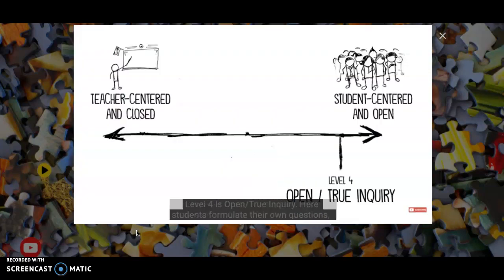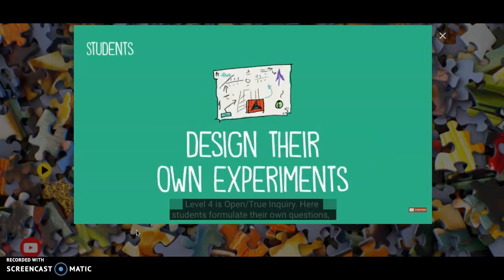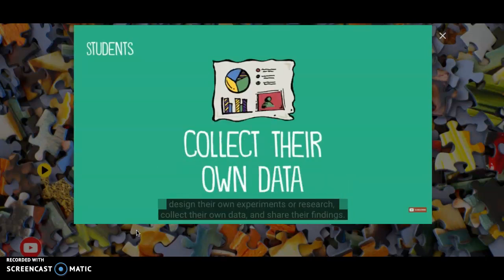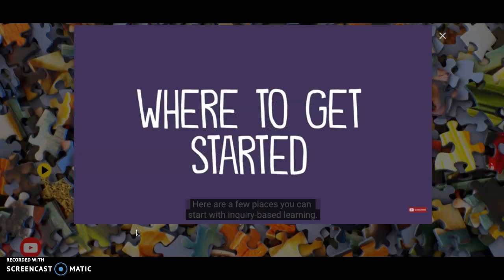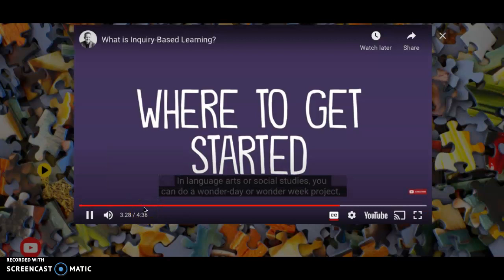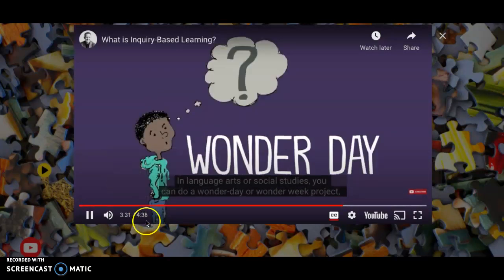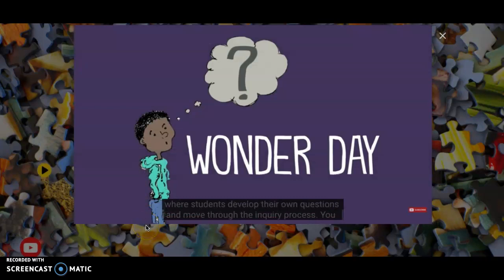And then level 4 is open inquiry or true inquiry. Here's where students formulate their own questions, design their experiments or their research, and collect their own data or facts that they then share in their findings. Here are a few places where you as a teacher can start with inquiry-based learning. In a language arts or social studies class, you can do a Wonder Day or Wonder Week project where students develop their own questions and move through the inquiry process on their own. You can also do a Genius Hour project where students not only ask their own questions, but design their own product as well.